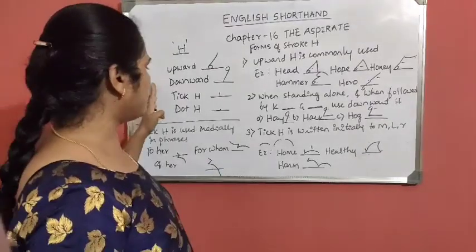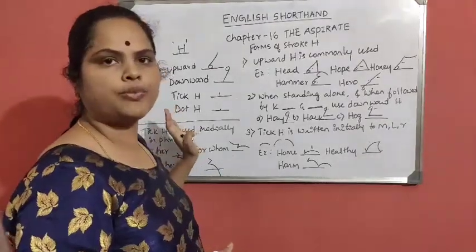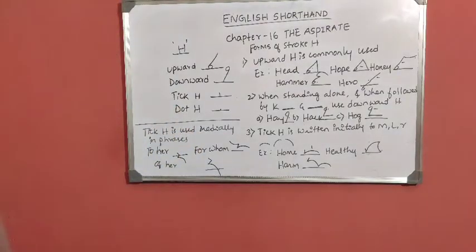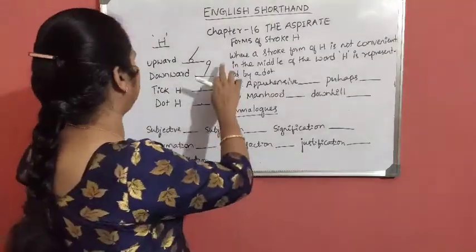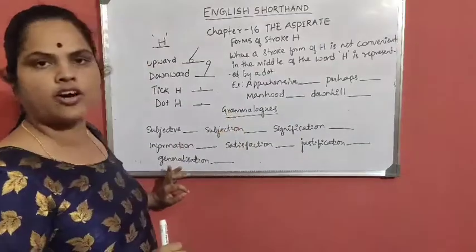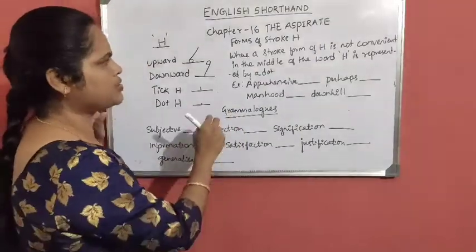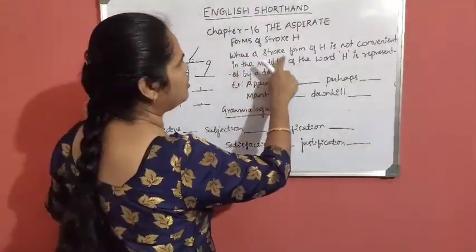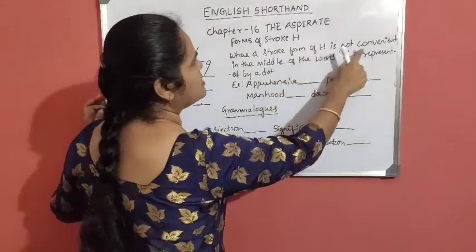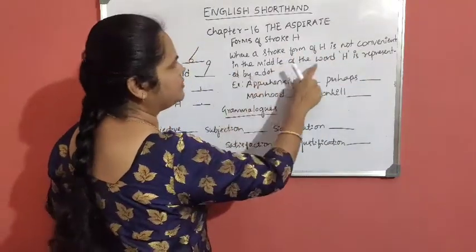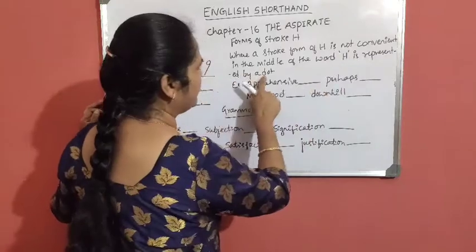Now we will see when the dot H is to be used. The last form of H, that is dot H, when we have to use, we will see. Where a stroke form of H is not convenient in the middle of the word, H is represented by a dot.